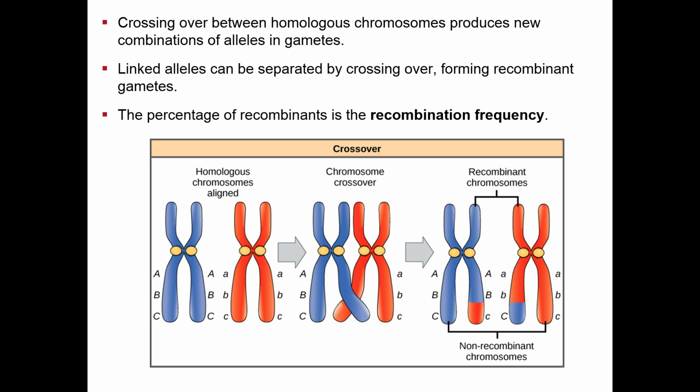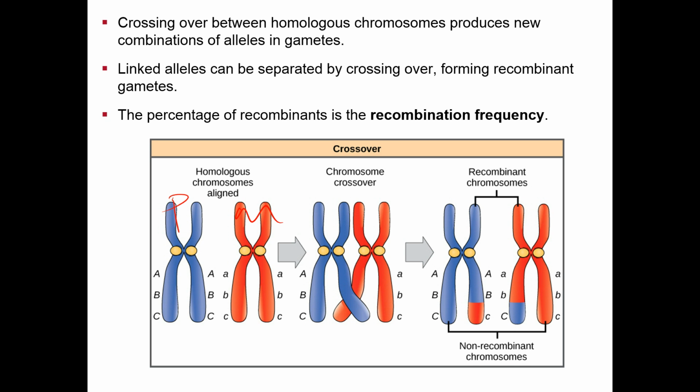So here we have genes A, B, and C on two homologous chromosomes. Your paternal chromosome in blue has copies of the dominant alleles. In this case, they're all uppercase. And here we have our maternal chromosome.